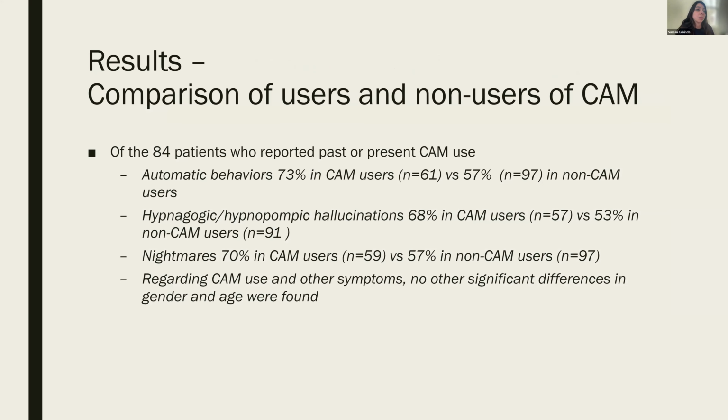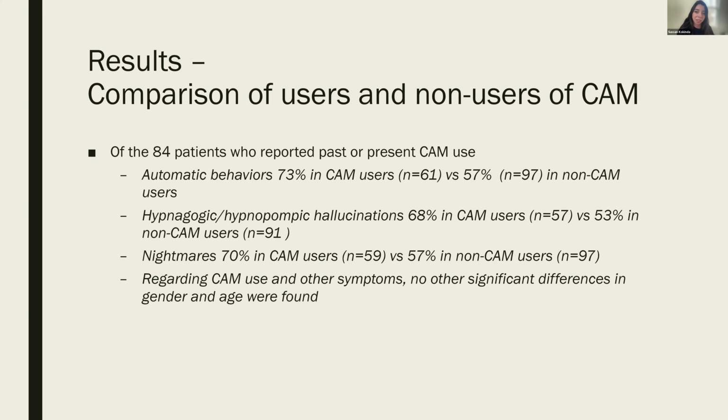All right, so out of the 84 patients who did report past or present CAM use, what was interesting is that there were 3 main symptoms that correlated with more CAM use, and that was automatic behavior, hypnopompic or hypnagogic hallucinations, and nightmares.